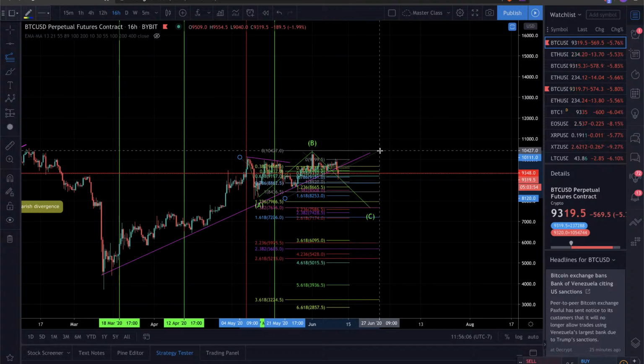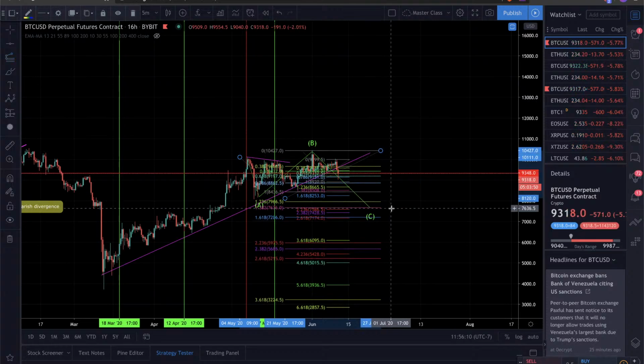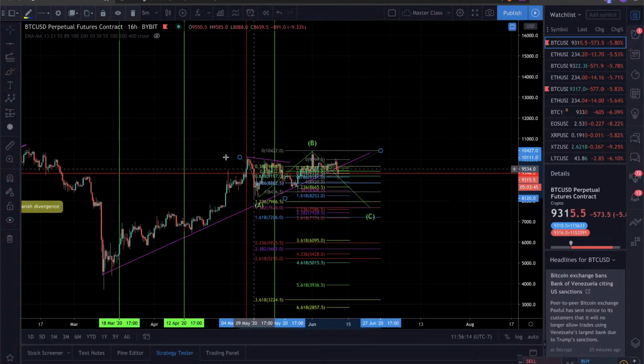You can also see that where a wave 5 would finish, around 76, is also at the 1.236 for this to be in another ABC. So a lot of confluence around the 77 for a move down, if we fall back below the 93.